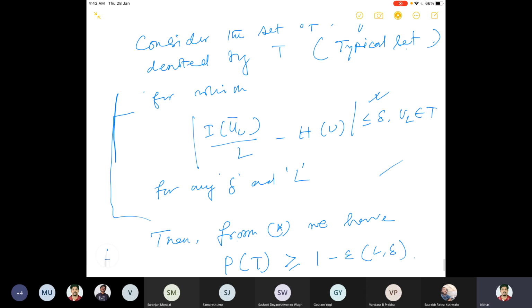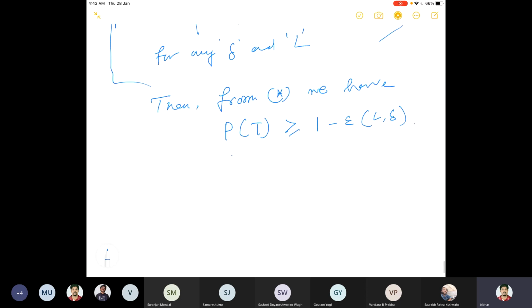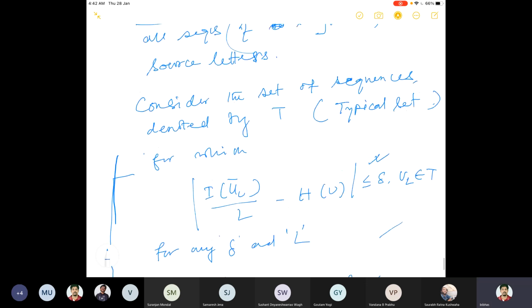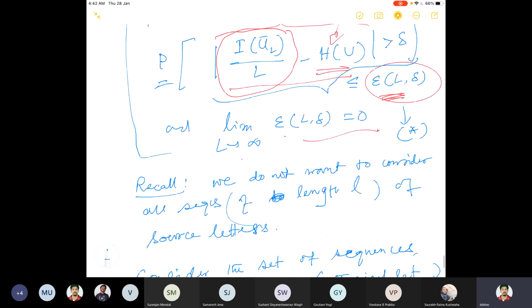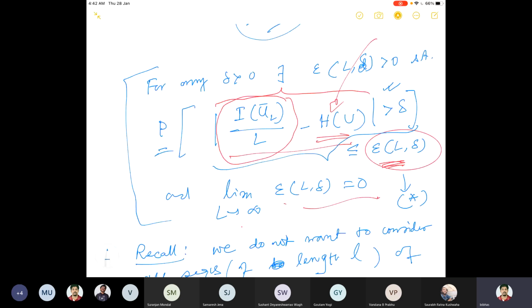If that is the case, then the probability of T is bigger than or equal to 1 minus epsilon(L, delta). Epsilon is a function of L and delta, that's why I'm writing epsilon in brackets L and delta. And how this epsilon is related to our original sequence of source letters U^L is due to the law of large numbers.